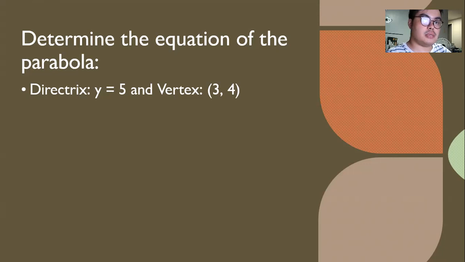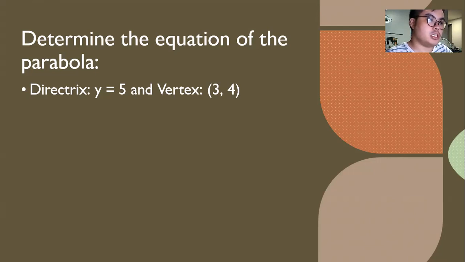So, ibig sabihin po, sidewards na siya. So, ibig sabihin horizontal. Kapag vertical ang directrix natin, ibig sabihin horizontal na ang parabola natin. Okay, so our vertex is h and k is equal to 1 and 5.